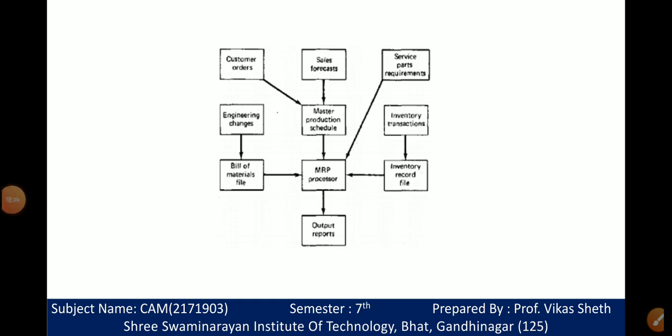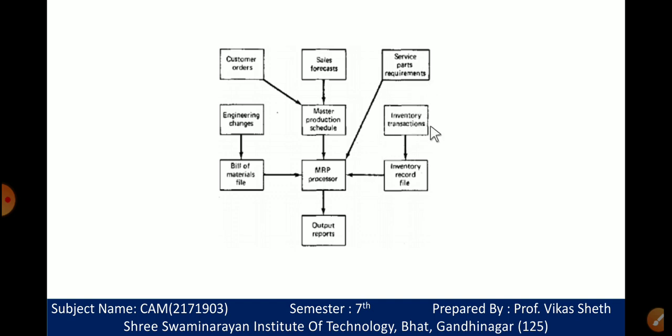So here we learn about the basic inputs of the MRP. Customer orders are an input of the master production schedule. They are not a direct input of the MRP processor, but an indirect input. So here is the one step which converts the customer order and sales forecast into the master production schedule, and the master production schedule is the input for the MRP processor.